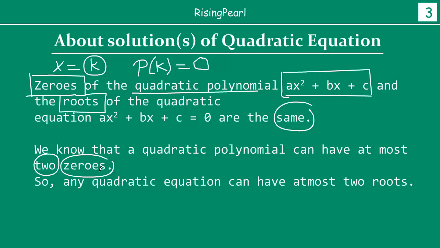So from here it also means that any quadratic equation can have at most 2 roots, because really roots are equal to zeros of a polynomial, right? If you simply replace the word zeros with roots, they mean one and the same thing.